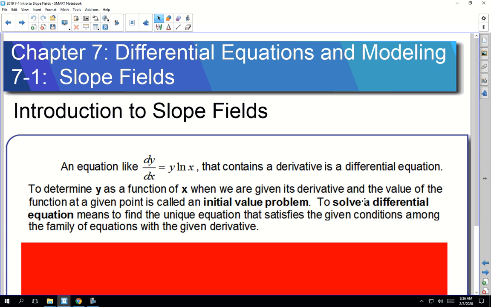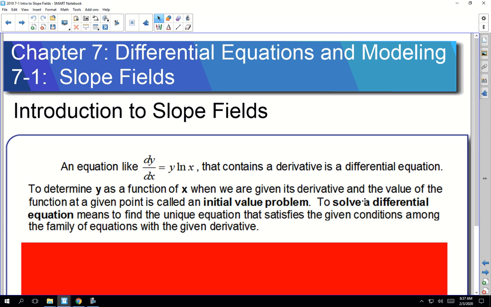It's an equation that has a derivative in it. And it could be what we call first order, second order, third order. So there could be second derivatives in there, third derivatives in there, as well as first. This is a pretty simple one with just a single derivative on one side of the equation. If you throw in a coordinate here, then you have what's called an initial value problem.